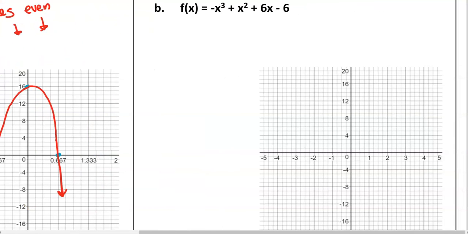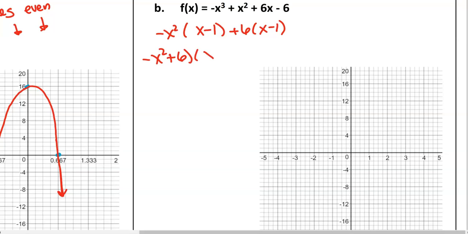This one is a refresher on factoring by grouping. Here you could take a negative x squared out of both to give you x minus 1. Here we can divide a 6 out of both to get x minus 1 again. So your factors are negative x squared plus 6 and x minus 1. There we go.